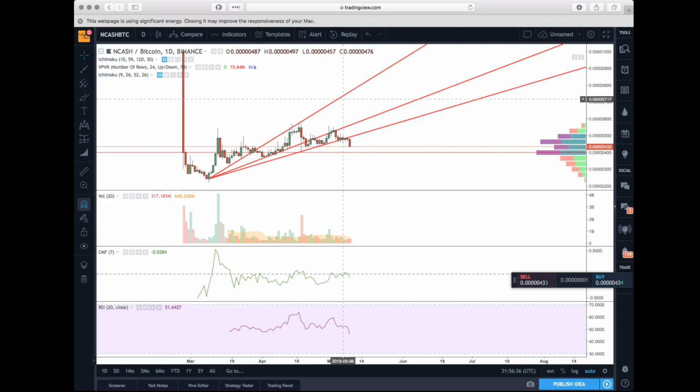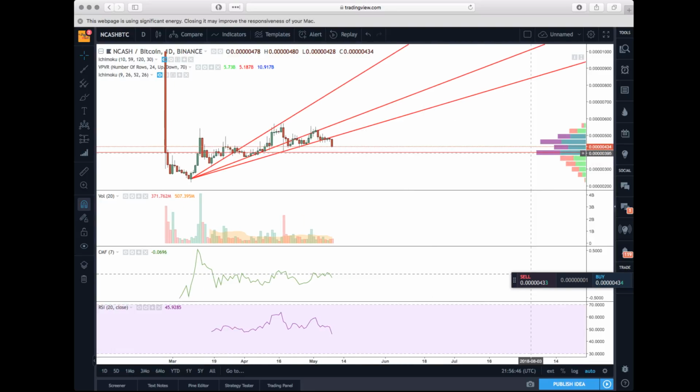Since we don't really have any horizontal supports right now, other than this bottom point and this bottom point, if that is even a support, you can base it off horizontal supports. 400 is a horizontal support. The whole area from 410 down to about 386 is a horizontal support.